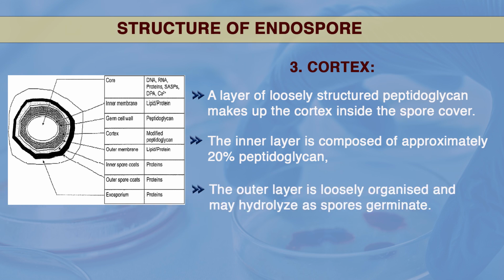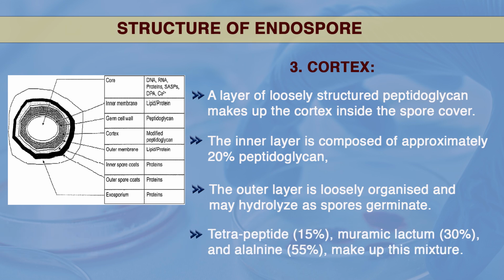The outer layer is loosely organized and may be hydrolyzed as spores germinate. The tetrapeptide, that is 15%, muramic lactam, that is 30%, and alanine, that is 55%, make up this structure. So, this is the structure of the cortex.